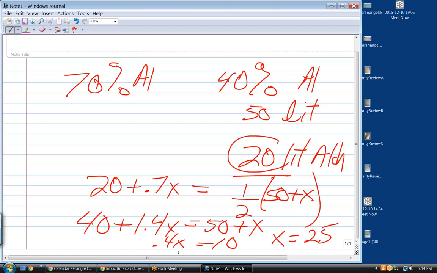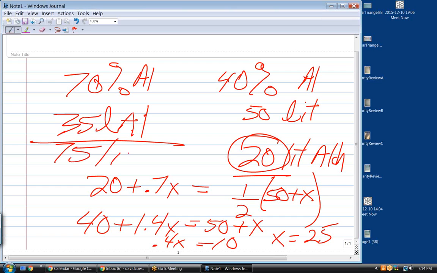So I will have a total of 20 pure alcohol from the original solution plus 15, so I will have 35 liters of alcohol, and I will have 75 liters of fluid. Why am I off by 5?